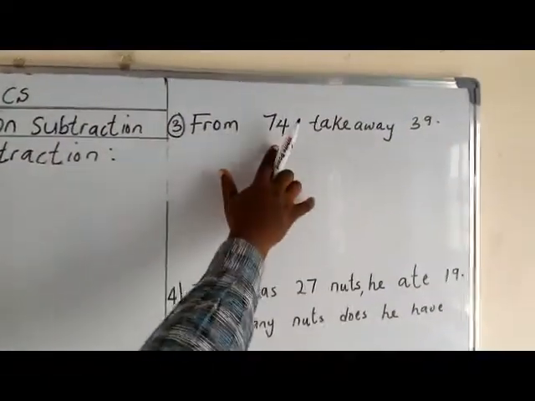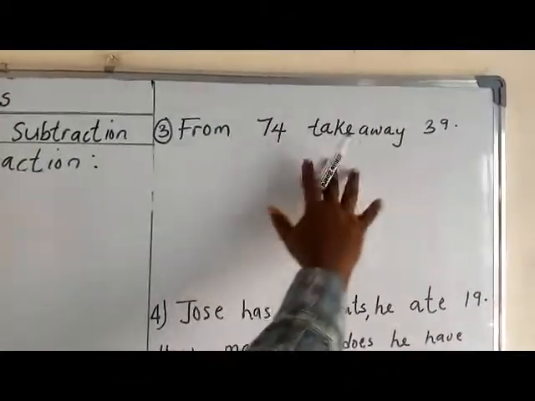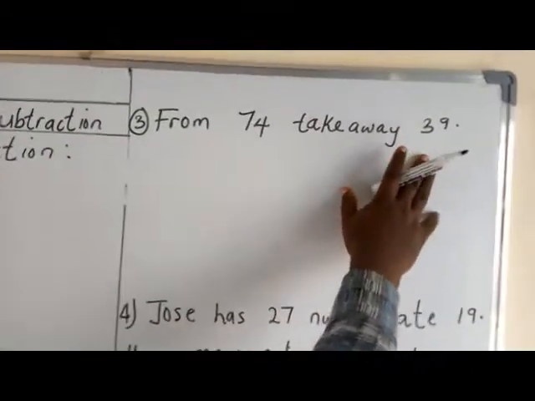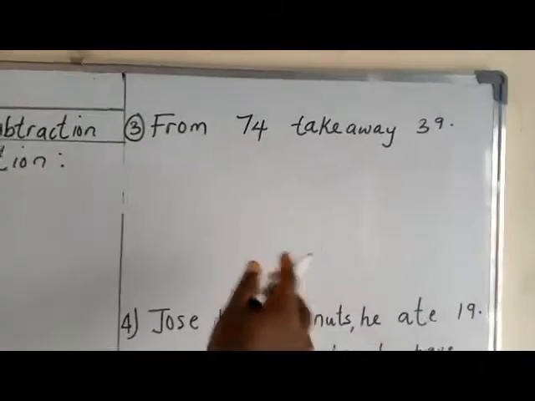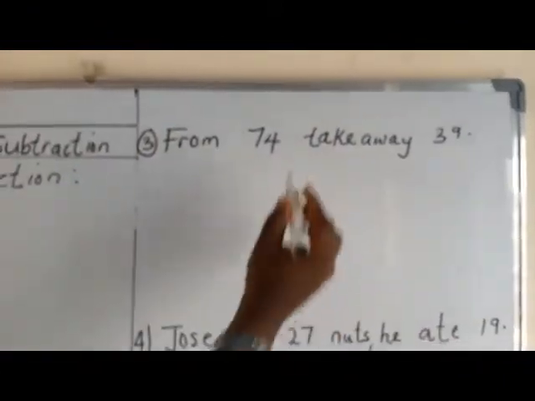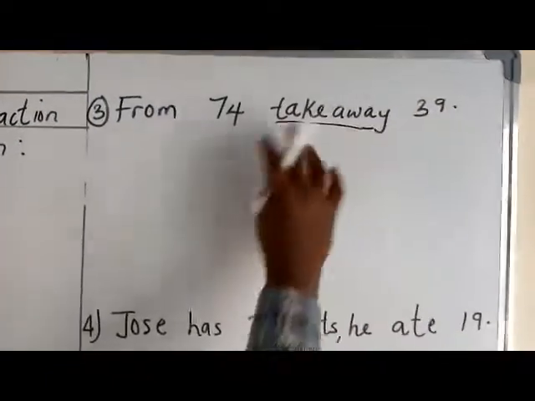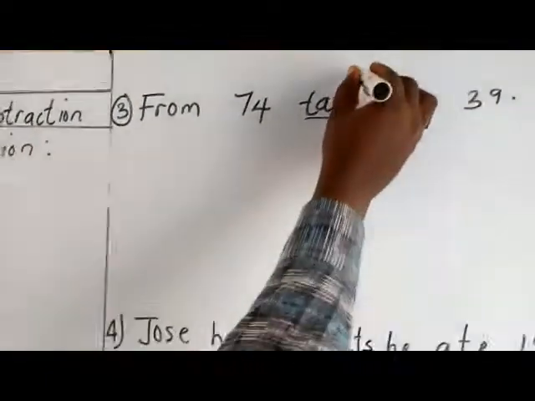Now let's go to the next question. From 74, take away 36. Remember the first rule: identify the bigger number, so that you know whether you are to add or to subtract. With these terms, take away means what? Subtract.